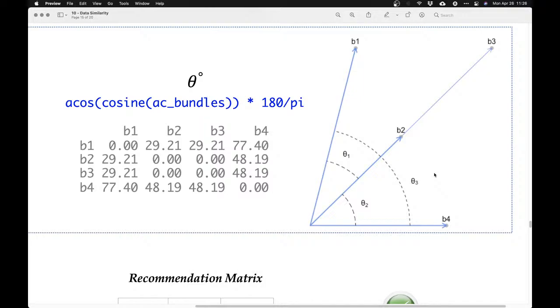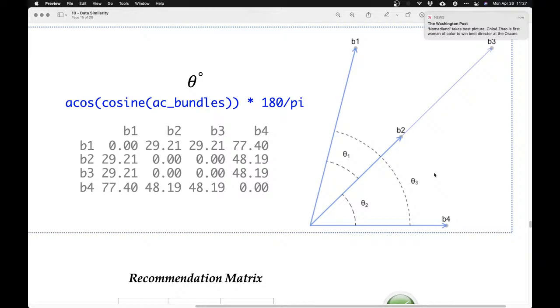That's why we often draw graphs with x-axis and y-axis at 90 degrees to show them as independent of each other, all right? So if they're independent, we have a cosine of 0. And if they're two vectors going in opposite directions, we have a cosine of -1.